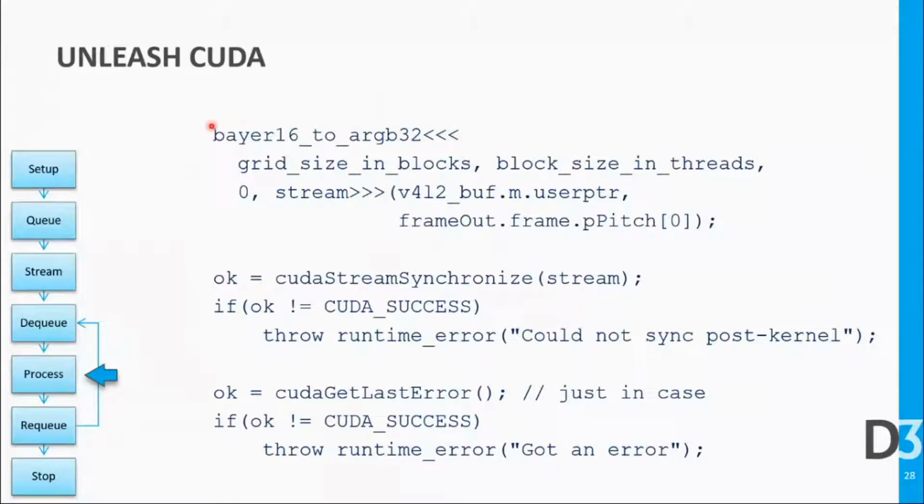So what this is going to do is call a function called Bayer16ToARGB32. We give it our user pointer, that was a device pointer, to the source data. And here's the device pointer to the mapped EGL DMA buffer output frame. So there's our parameters. Now this stuff in the middle, grid size in blocks and block size in threads.